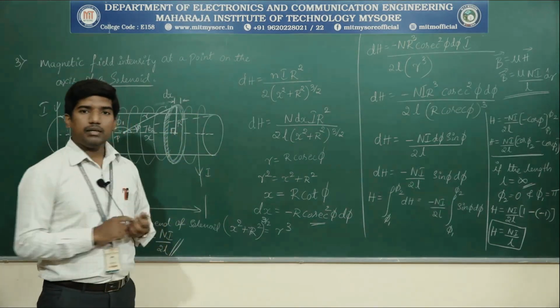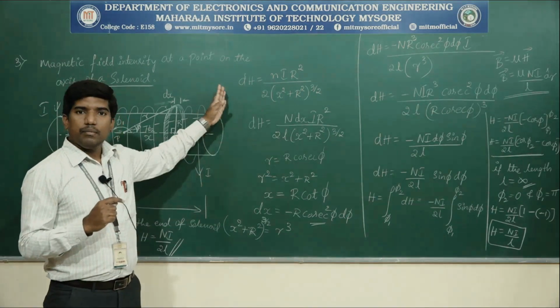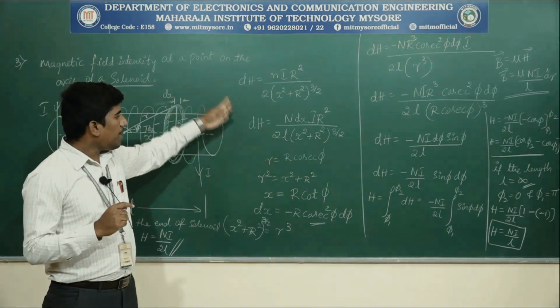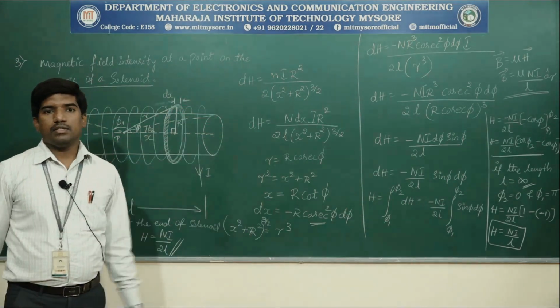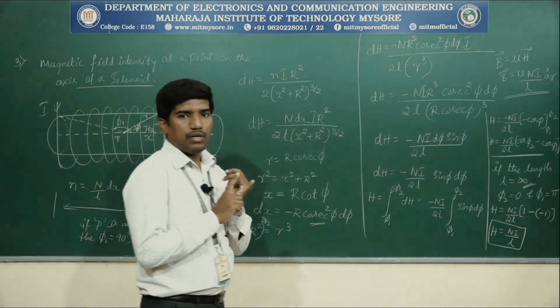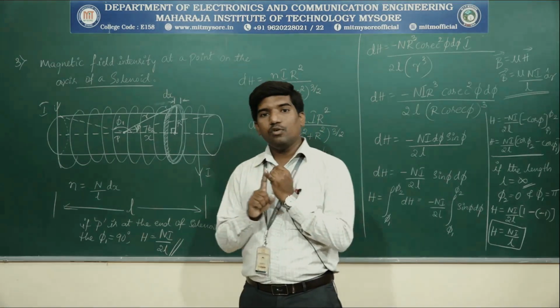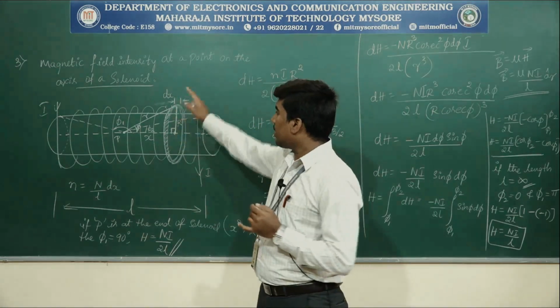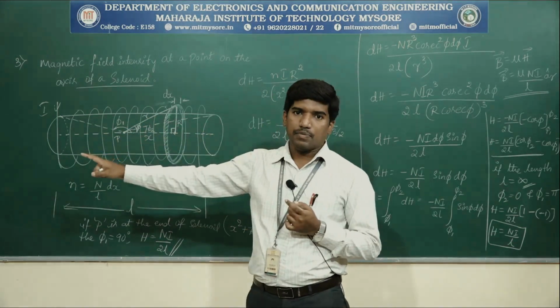We have understood the statement of Biot Savart's law by applying it to different considerations. One is a linear conductor, another is a circular loop, another is a circular loop with n number of turns, and another application is a solenoid of n number of turns.